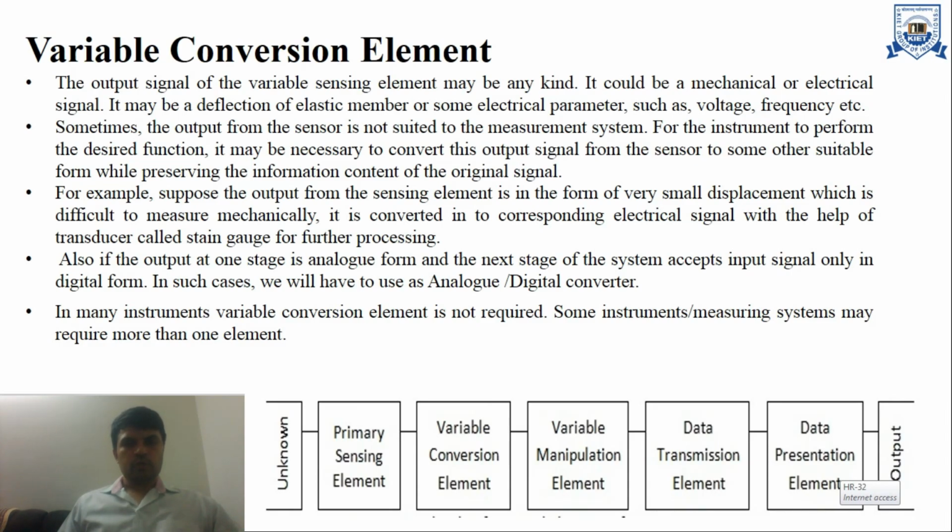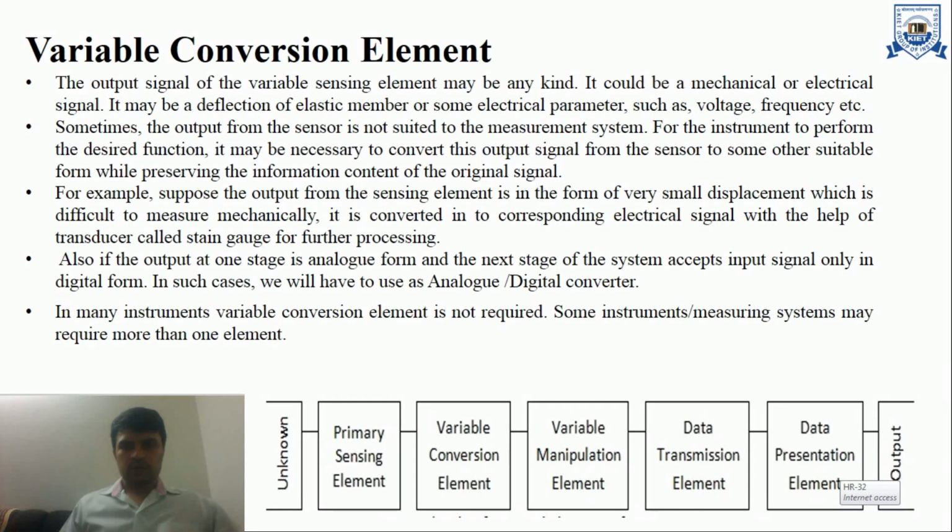For example, suppose the output from the sensing element is in the form of a very small displacement, which is difficult to measure mechanically. It is converted into a corresponding electrical signal with the help of a transducer called a strain gauge for further processing.